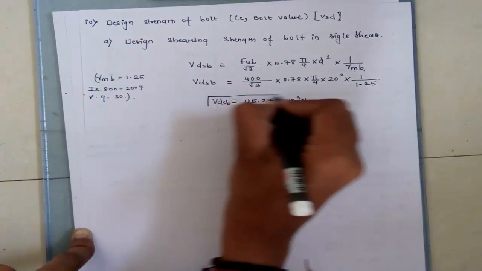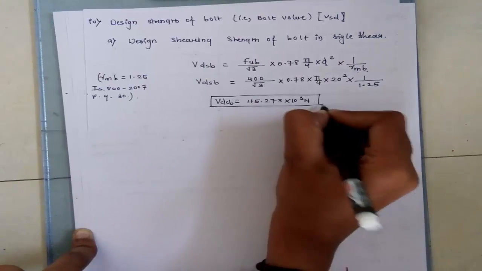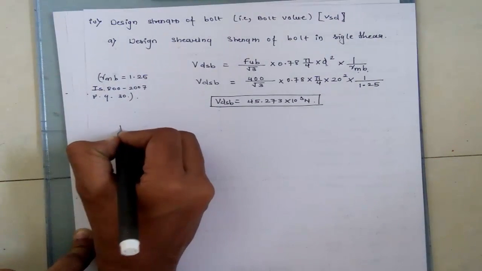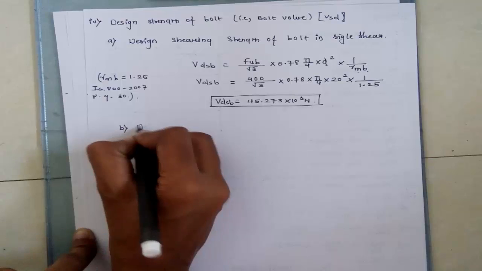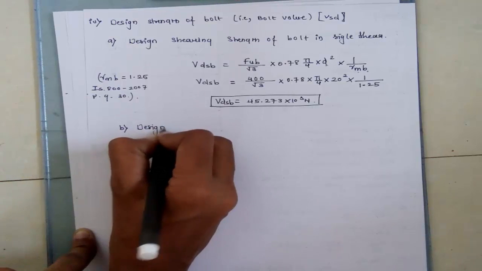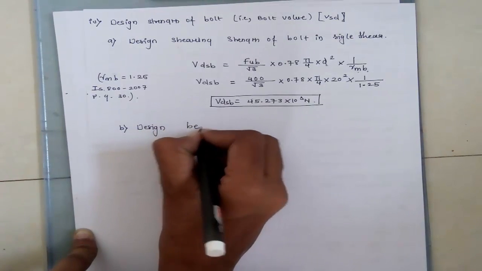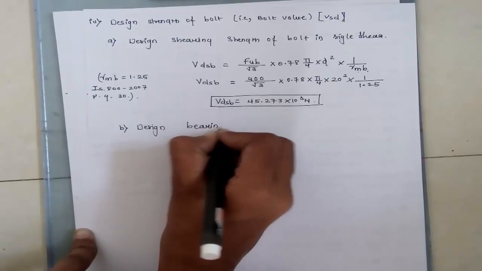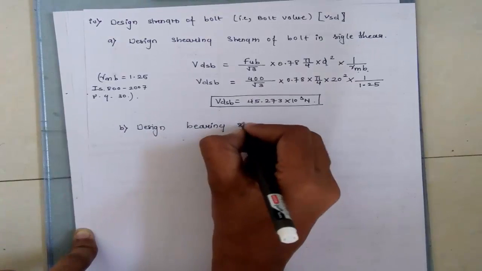This is the value of design shear strength of bolt. Now the second one is design bearing strength of bolt, which is denoted by VDPB.